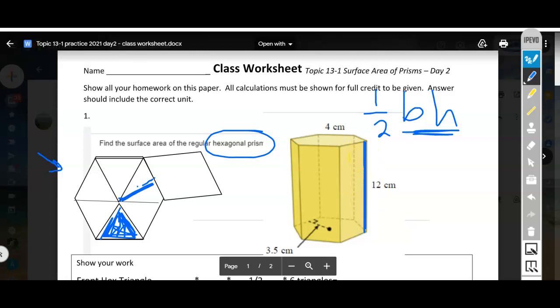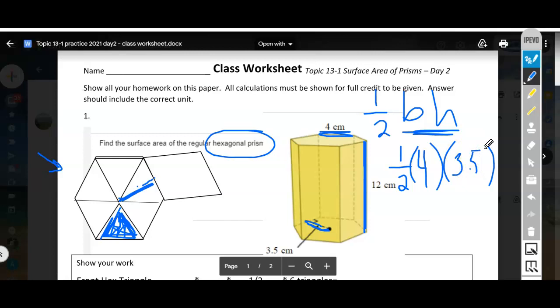So that has nothing to do with the hexagons, does it? It is 4, right? You're going to do 1/2 times 4 times what? What is perpendicular to my 4s? 3.5. That's why they wrote this right here, and they put a little right angle next to it to show you that it's perpendicular. So look for those right angles. So we're going to put 3.5 right here.